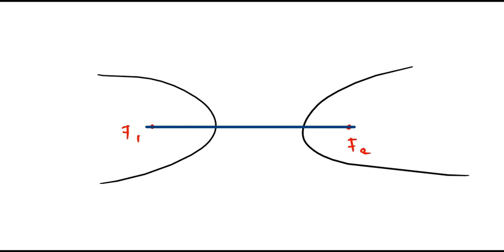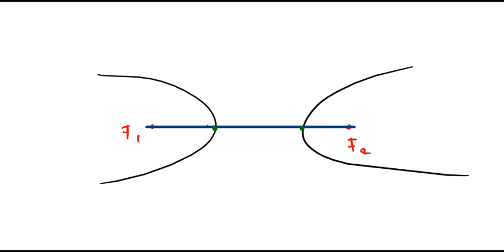The other thing you can notice is that it also cuts the vertices. It cuts the hyperbola at its two vertices, right? You know what a vertex is from a parabola, right? These bottom parts. So a transverse axis passes through the foci. By foci I mean the two fixed points.